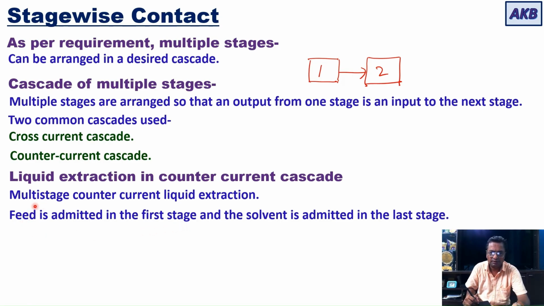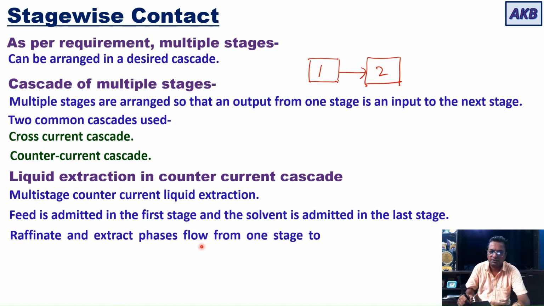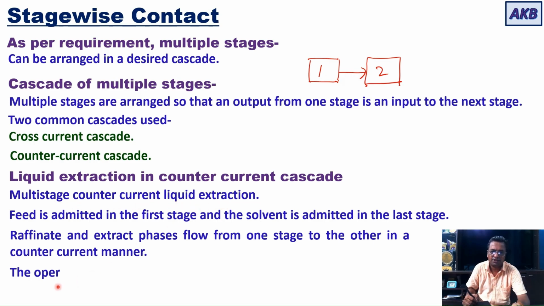Feed is admitted in the first stage and solvent is admitted in the last stage. Then the raffinate and extract phases will flow from one stage to the other in a counter-current manner, and since they are flowing in a counter-current manner, this operation is called multi-stage counter-current liquid extraction.